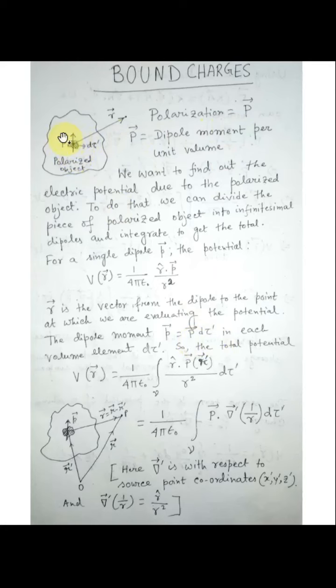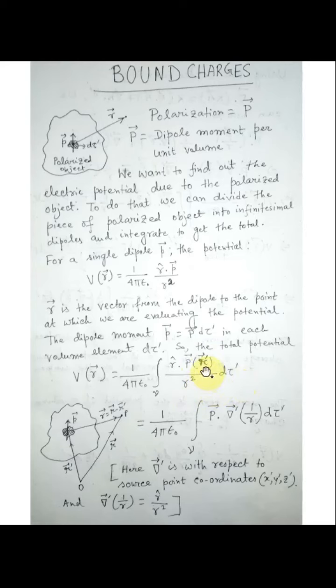So this is the elemental volume, and corresponding to that the dipole moment is P. If we multiply the polarization vector with the volume of this element, we get the dipole moment corresponding to this elemental volume. So the total potential we can write from here: r cap dot P(r prime) by r square d tau.